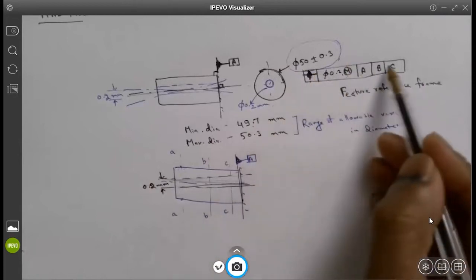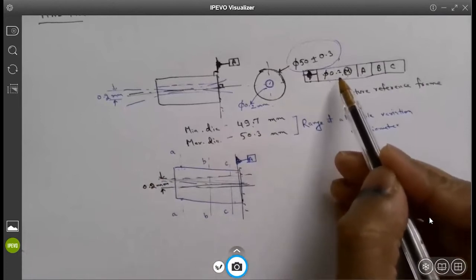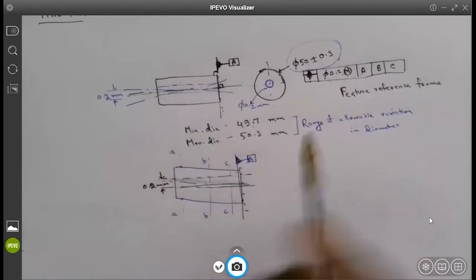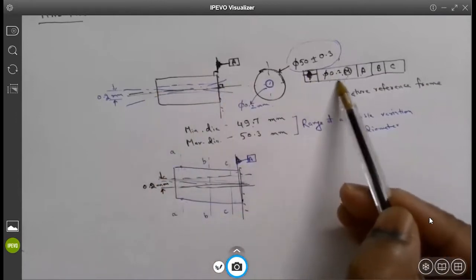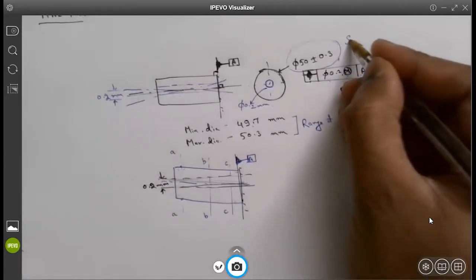What this rectangular frame is saying is the amount of offset I am allowing from the perpendicularity. That's it. This information is not affecting the size. So this is basically a size dimension.